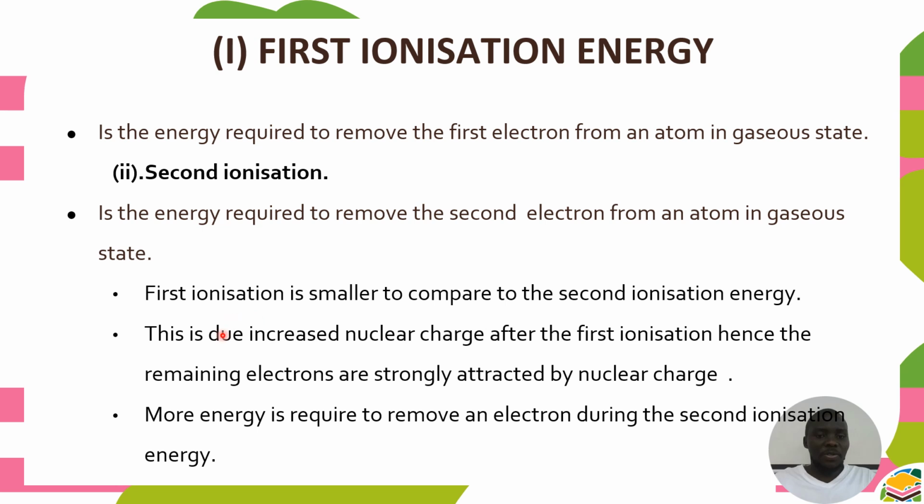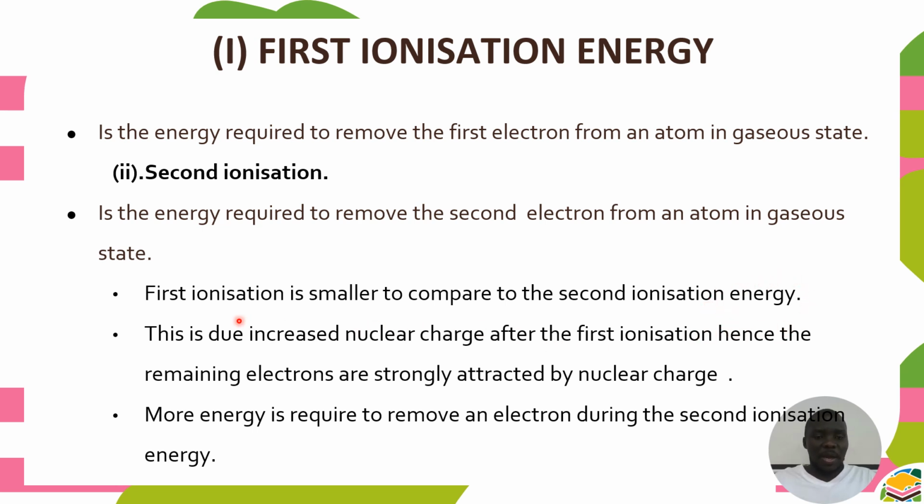It means for you to remove an electron, you need energy. So we are emphasizing the difference between the first and second ionization energy, where in the first ionization energy, the amount of energy required to remove the first electron is smaller compared with the amount of energy used to remove the second one.